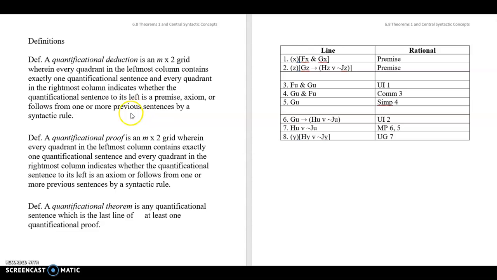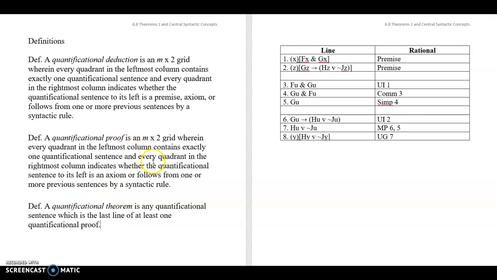Now a quantificational proof is a quantificational deduction with no premises. So this is not a quantificational proof because it has premises. We're going to see plenty of examples of quantificational proofs today because we're going to be proving theorems. A theorem is any quantificational sentence which is the last line of at least one quantificational proof.